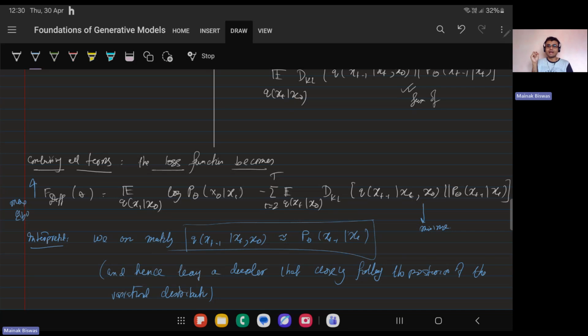If I'm able to match that posterior at every step, between xt minus 1 and xt, then this p theta distribution is going to match the q of xt minus 1 given xt and x0. Once we are able to do that, we'll be able to do efficient denoising.